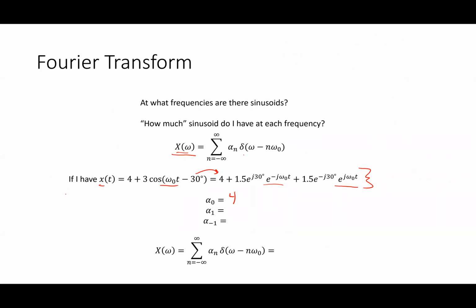Now, what about alpha 1? It would be 1.5 times e to the j negative 30. If you don't want to write that in complex exponential form, you could say it's a phasor with a negative 30 degree angle. The other one has a 30 degree angle.